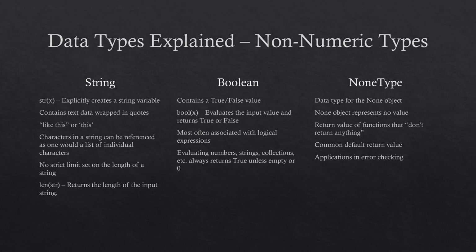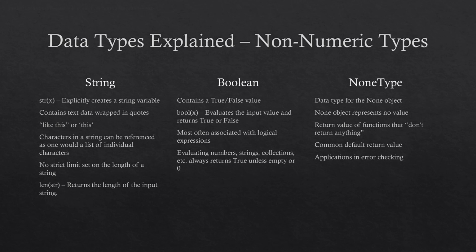But in here, we have the None type, which is nothing. So the None object represents no value. It is a return value of any function that does not return anything. That'll make sense later. Just keep that in the back of your mind. If something doesn't explicitly return a value, it technically returns the None type.